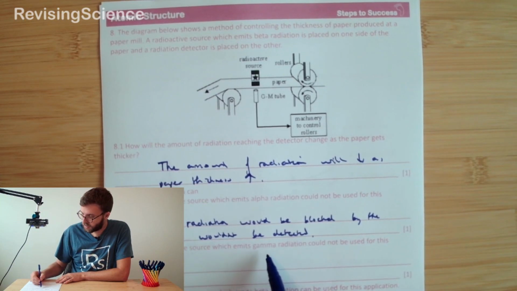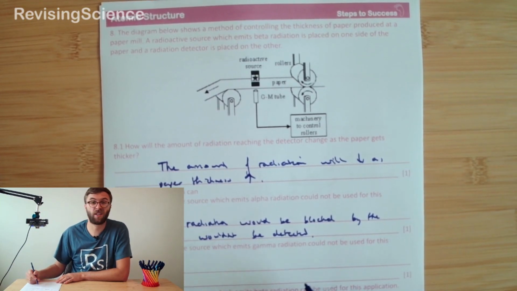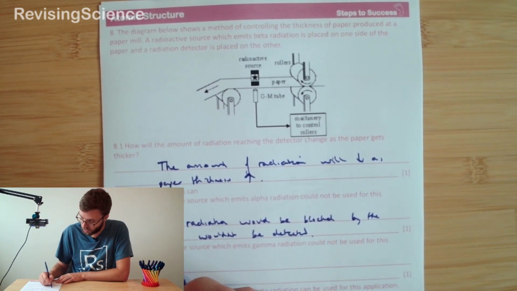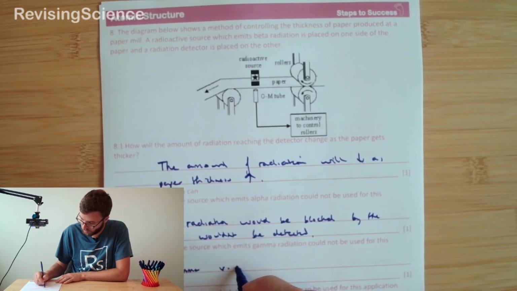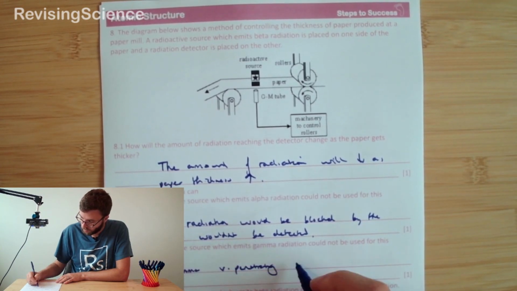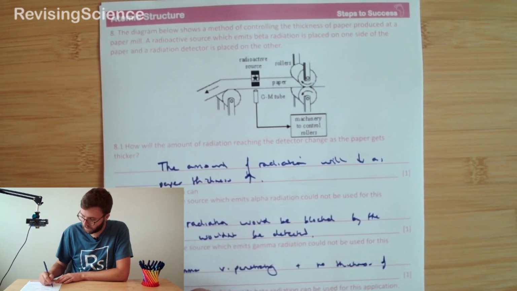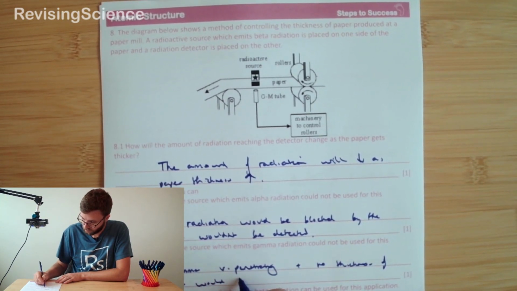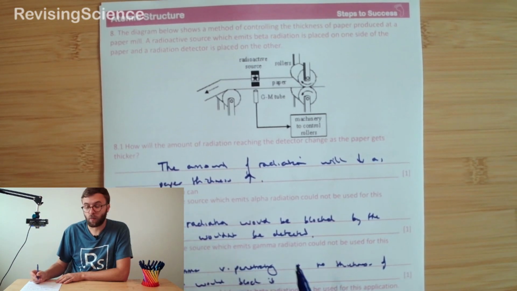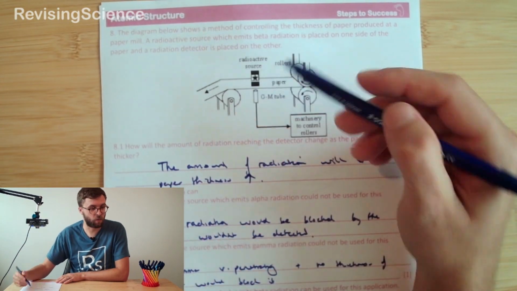Why couldn't a radioactive source which emits gamma radiation be used for this? It's kind of the opposite answer. Gamma radiation is very penetrating and no thickness of paper would block it. So it wouldn't matter if the paper was thick or thin, it would just get through.